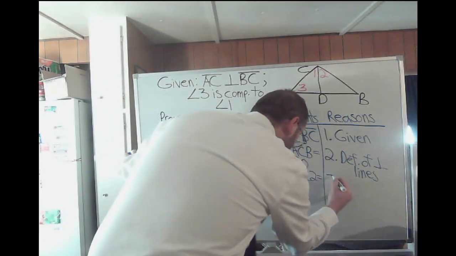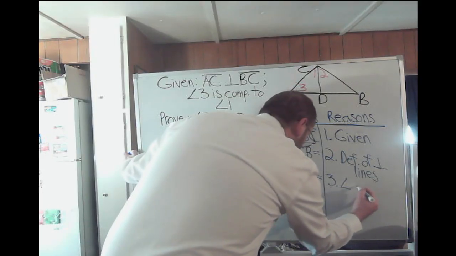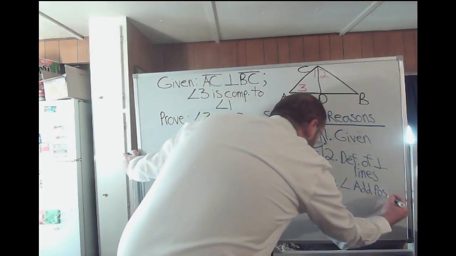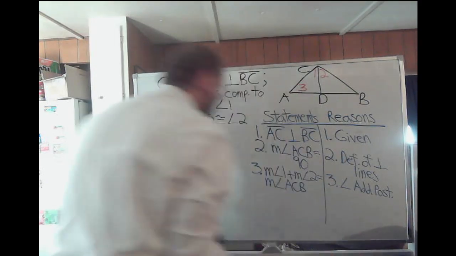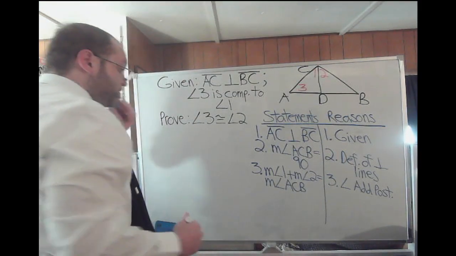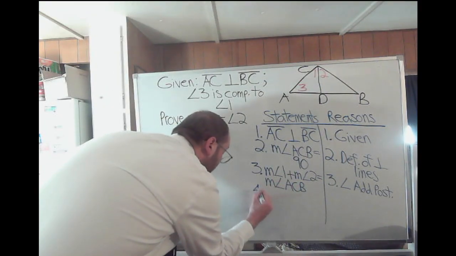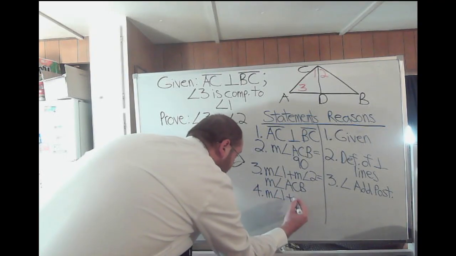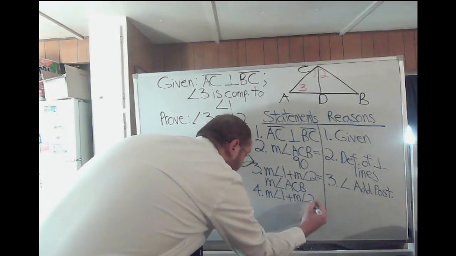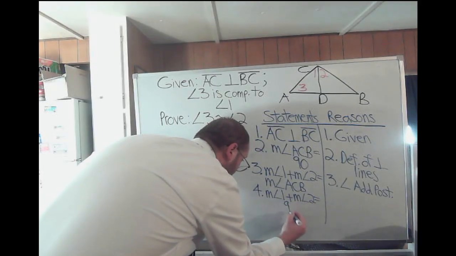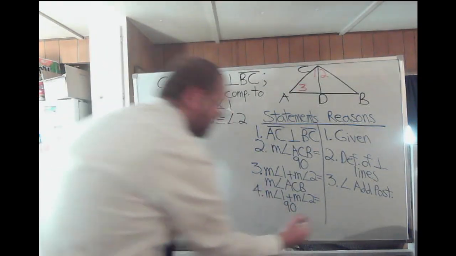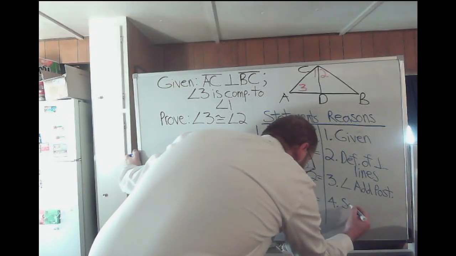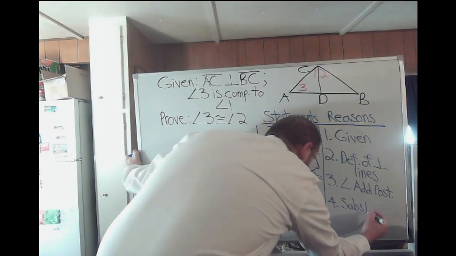This will be by the angle addition postulate. Which means then the measure of angle 1 plus the measure of angle 2 would equal 90. Since we can do that by substitution, since ACB equals 90, we can say this by the substitution property.